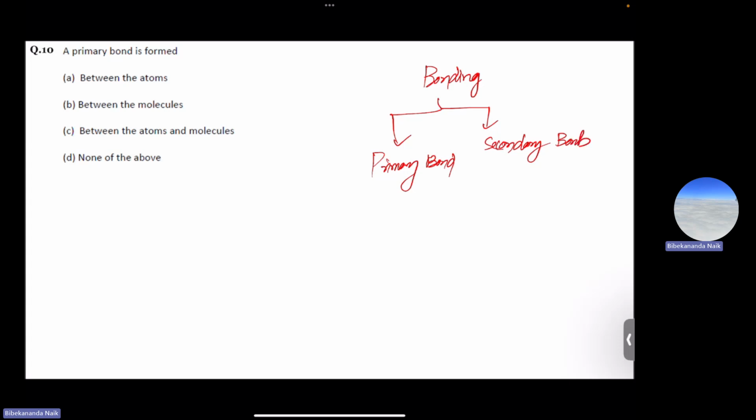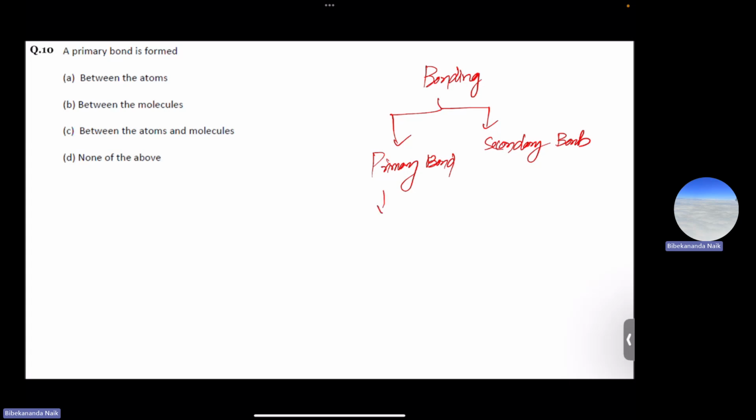In case of primary bonds, they are also known as strong bonds or chemical bonds, and they are the main forces that hold the atoms together in the molecules. However, secondary bonds are also known as weak bonds or intermolecular forces. They are relatively weaker, and occur between molecules or parts of the molecule.